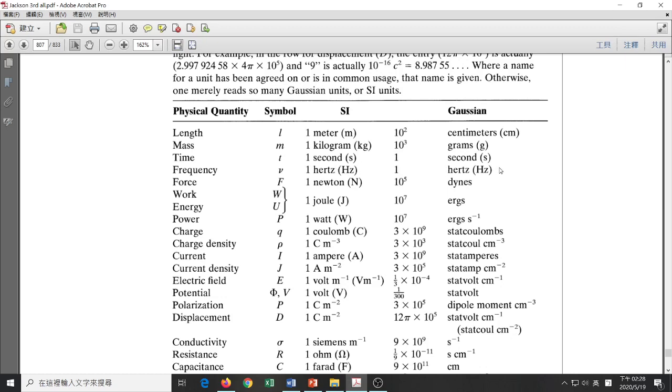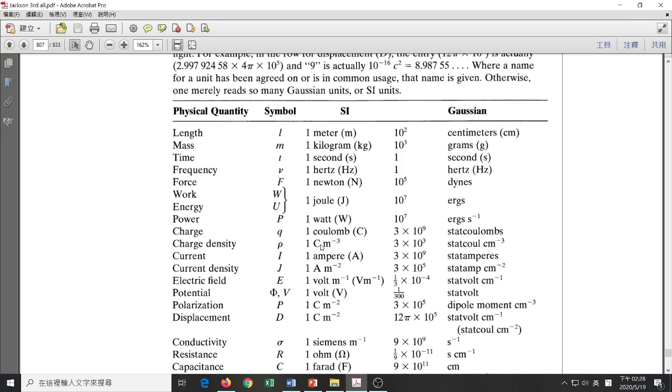So 1 hertz, 1 hertz. 1 Newton, 10 to the 5th dynes. 1 joule, 10 to the 7 ergs. 1 watt, 10 to the 7 ergs per second. Actually, people prefer these notations. And 1 coulomb is very large, so people prefer these notations.